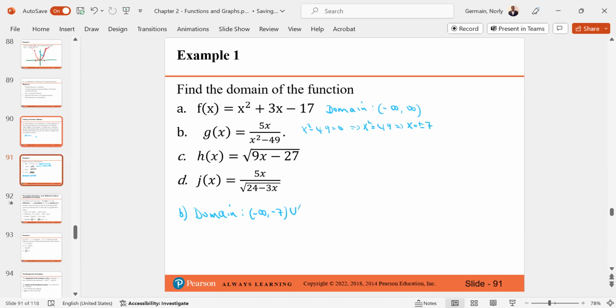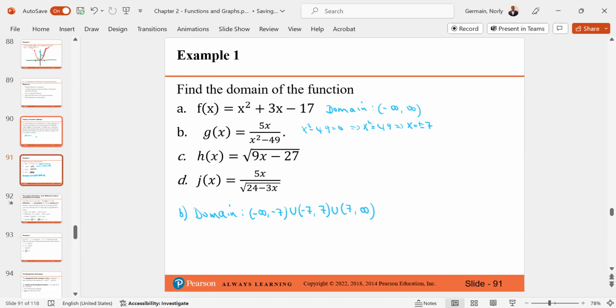We can take everything between negative 7 and 7, with 7 not included. And we also can take everything after 7. That would be the domain in this particular case. So for B, because there is a denominator, we must verify that it's not equal to 0.